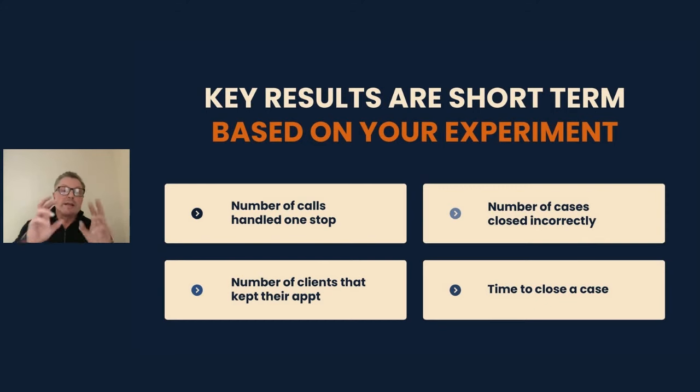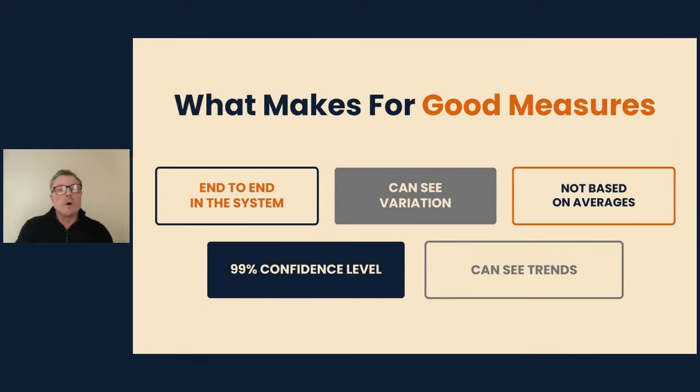Maybe those are your temporary measures, but looked at again, if we look at what makes for good measures, most people fail this. When they look at measurement, they're looking at averages. They're looking at variation against the target, as opposed to, are the measures end-to-end, covering the whole customer journey? Can you see variability within the measure? In other words, you understand variation within the system, not just did you hit it or not.